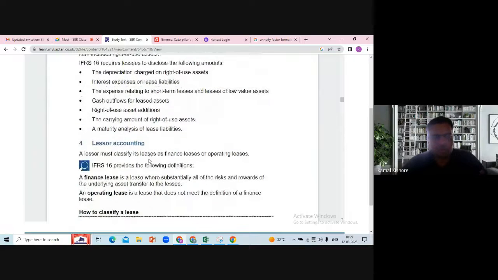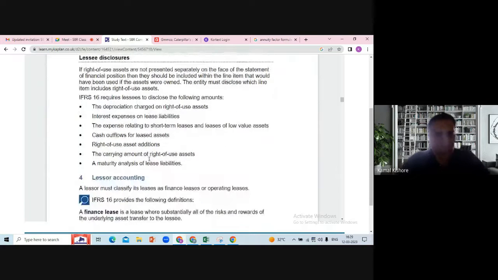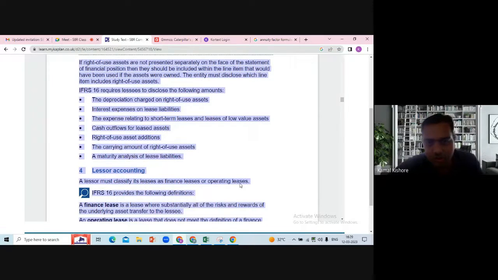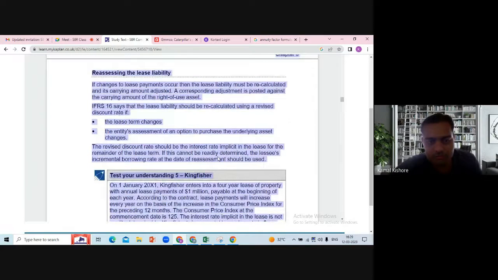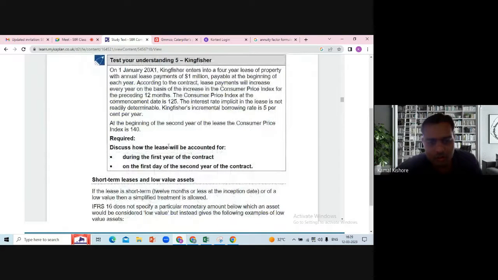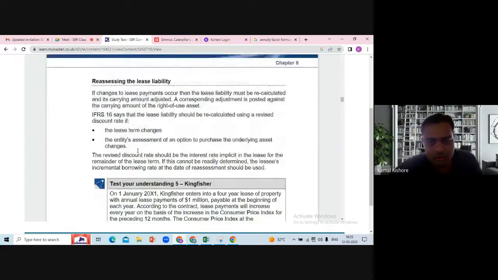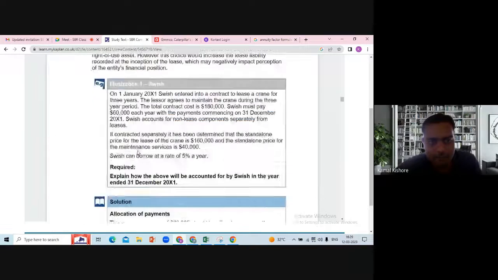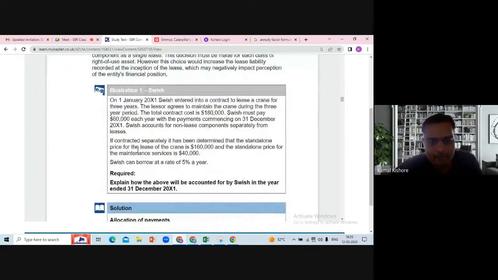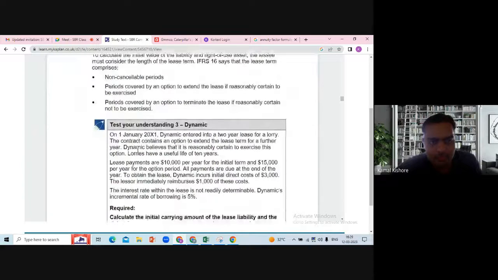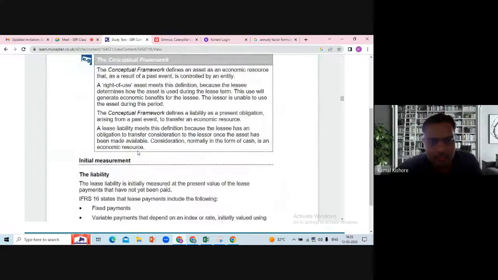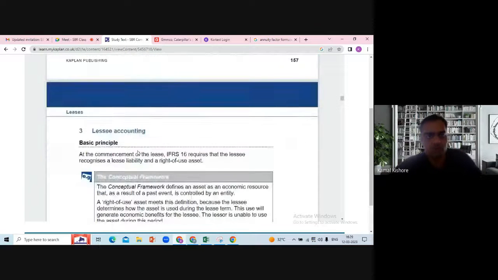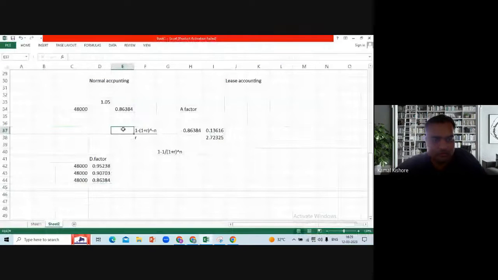Then lease disclosure, disclosure requirements. You'll have to be very clear. Basically, see if the question is asking, like we saw this other question, right?